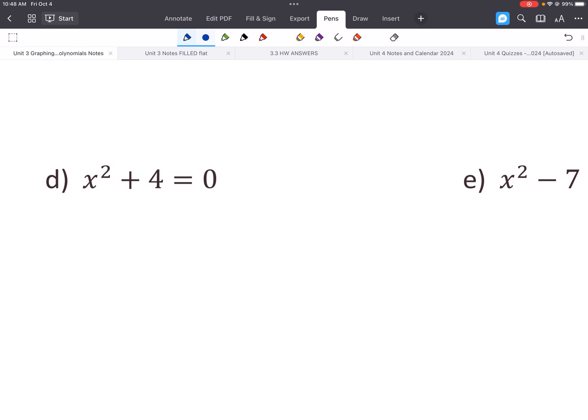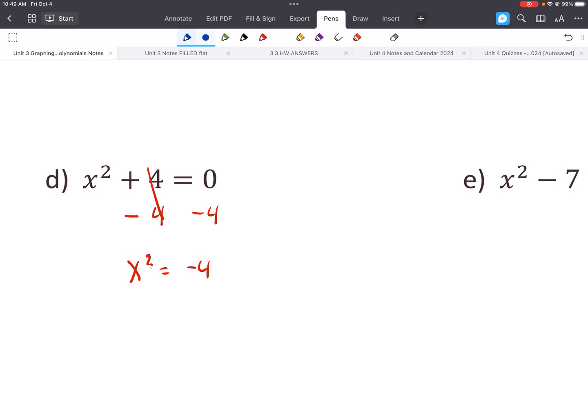So that is that, and then we have problems that look like this. I think we did problems like this when we were doing 3.2, when our solutions maybe weren't factorable. We couldn't factor the quadratic, and so we had to solve one of these types of problems. So again, we'd want to get x by itself, so we could subtract 4 from both sides. So x squared is equal to negative 4.